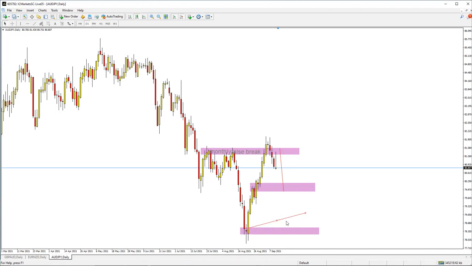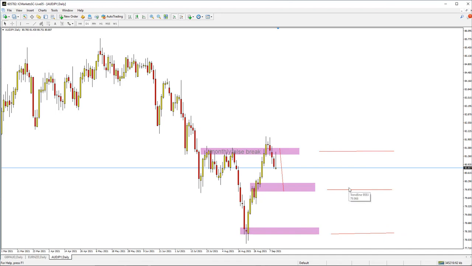For instance, look at this area. There are 3 areas here: 1, 2, 3.